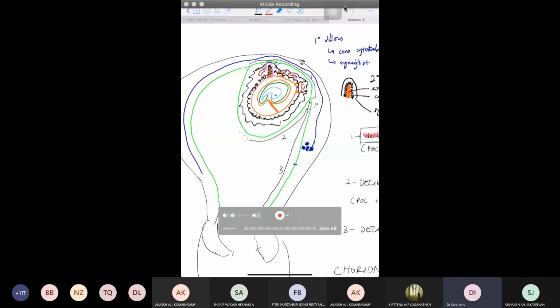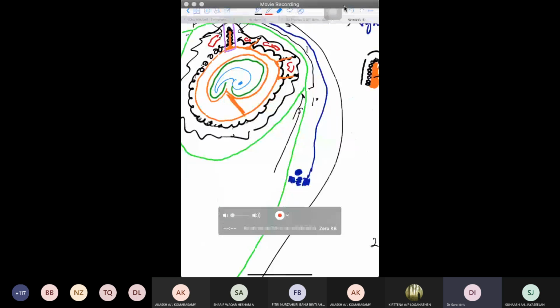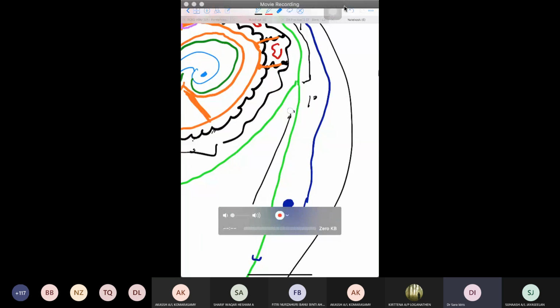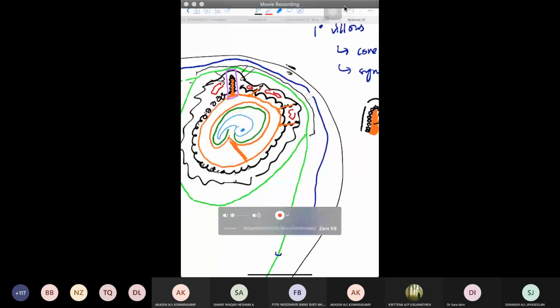You all know the different types of decidua. So you have decidua parietalis, capsularis, and basalis. The decidua basalis again will form the placenta from the maternal side, and the fetal side will be formed by the chorionic frondosum.